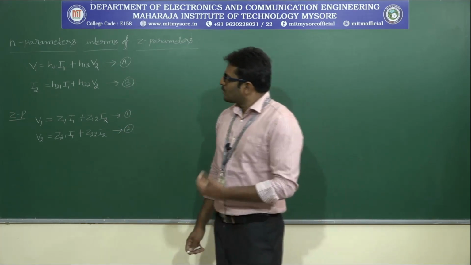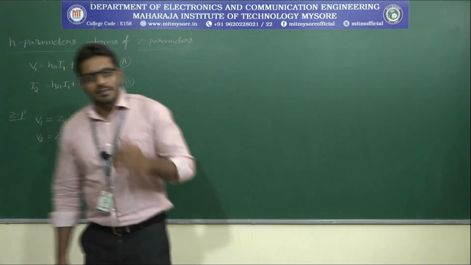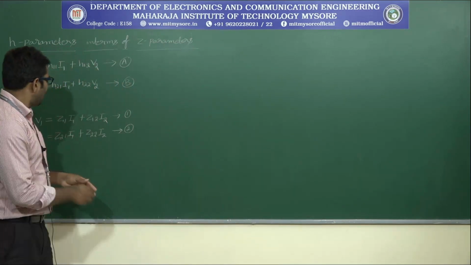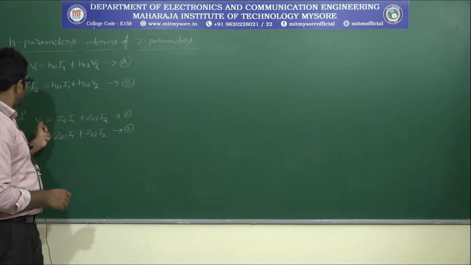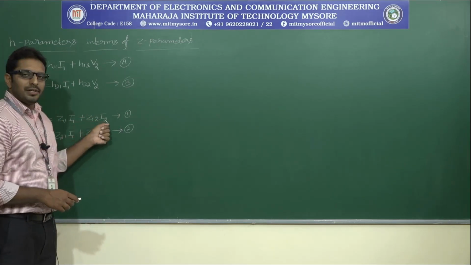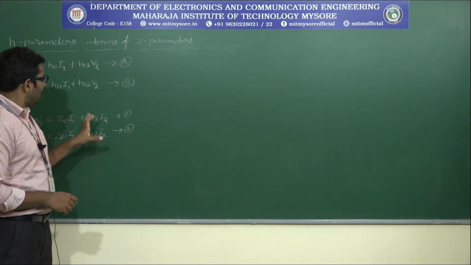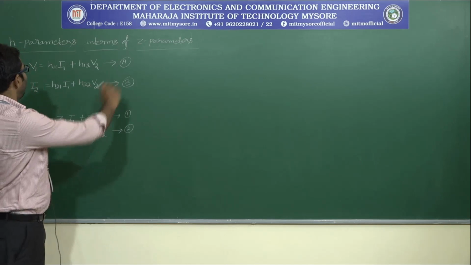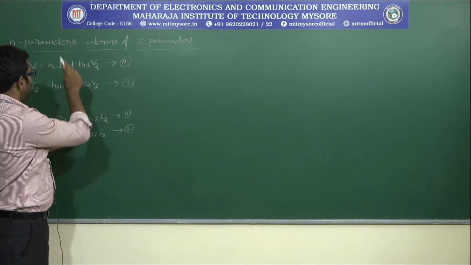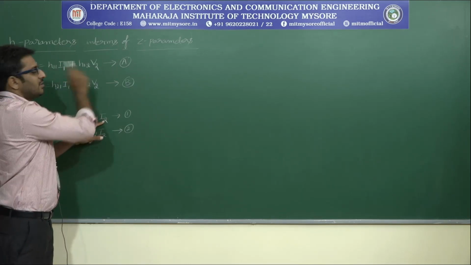Now, in order to express H parameters in terms of Z parameters, first check the variables of equation 1: V1, I1, I2. Just compare whether these variables are present in equation A or B. See, V1 it is there, I1 yes it is there, I2 it is not there.